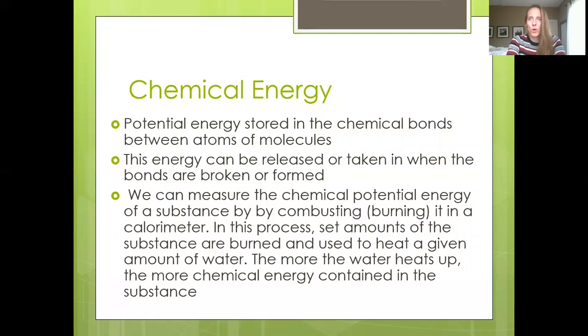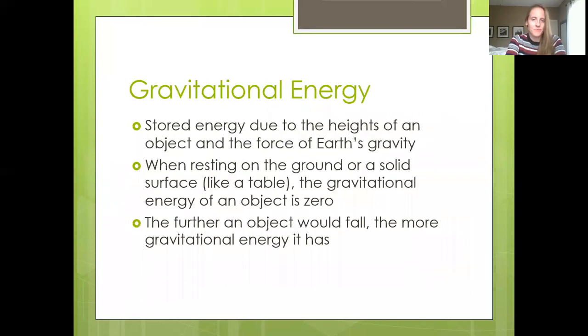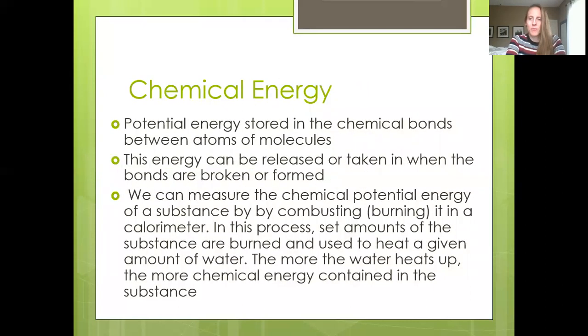The more chemical energy in a compound, the hotter your combustion is going to be, and then you just measure the heat of the combustion by heating up water using that. By the way, when you read the nutritional facts on the package of food, the calories are the amount of chemical energy that is stored in the food.